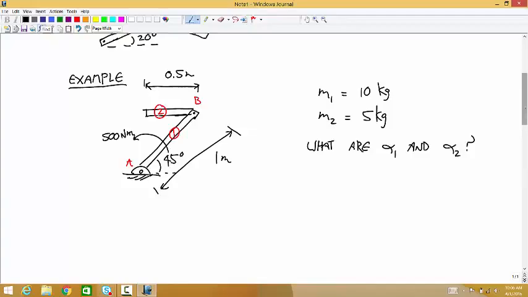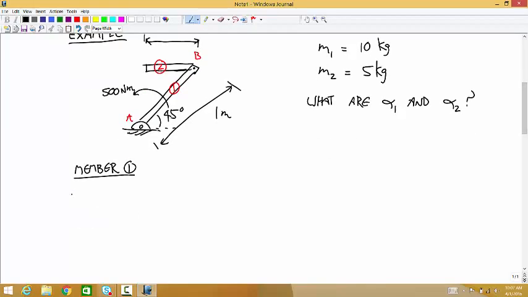So what's going to happen with this linkage? So first, member one. Step one, does member one have a fixed point? Okay, so 2, the moment of inertia, the fixed point is A. So the moment of inertia is 1/12 times the mass times the length squared plus the parallel axis theorem.